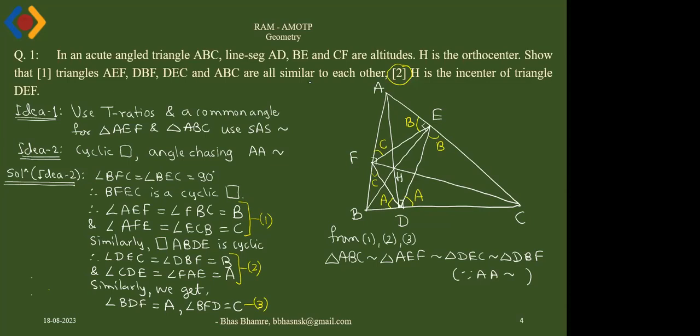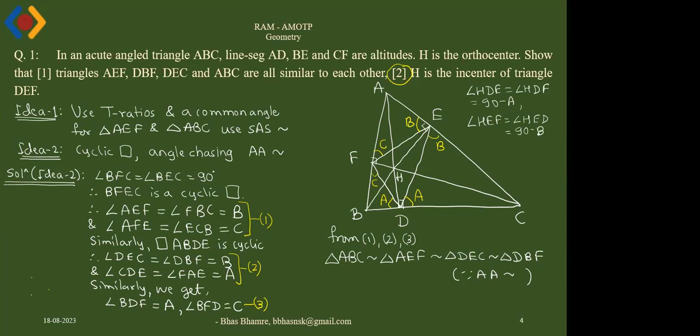Okay. So in the figure, it is immediate that angle ADE, or we can say angle HDE, and angle HDF are equal to 90 minus A. I will write on the right corner what I said here: angle HDE is equal to angle HDF, moreover that is equal to 90 minus A. We have also angle HEF equal to angle HED, which is equal to 90 minus B, and similarly for the rest.